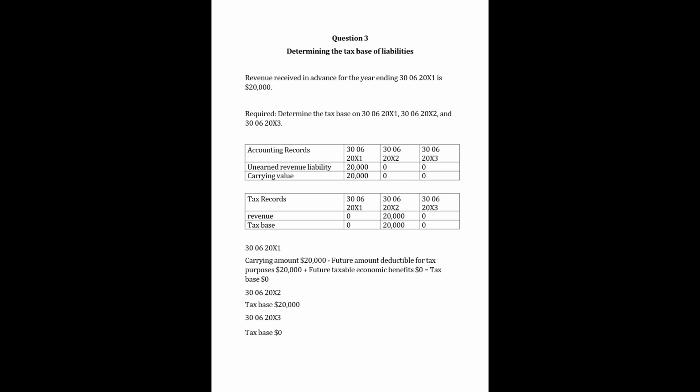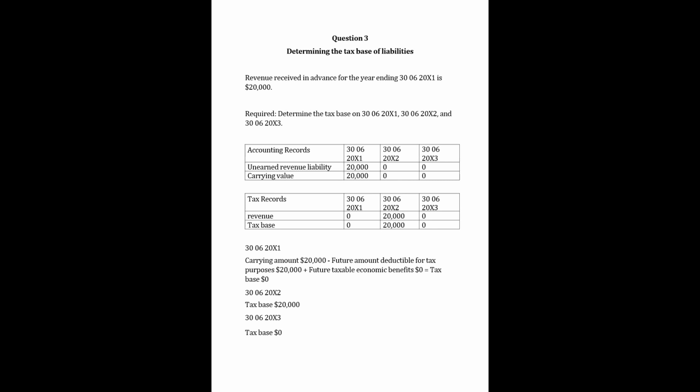If we look at the detailed equation, there's a carrying amount of 20,000 liability, and the future taxable economic benefits is 0. We have to add any future taxable economic benefits, less the future amount deductible for tax, which is 20,000, and it's going to get deducted in the next 2 years.